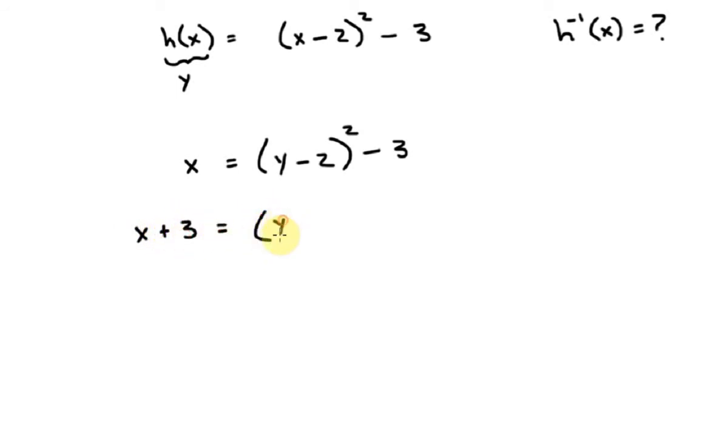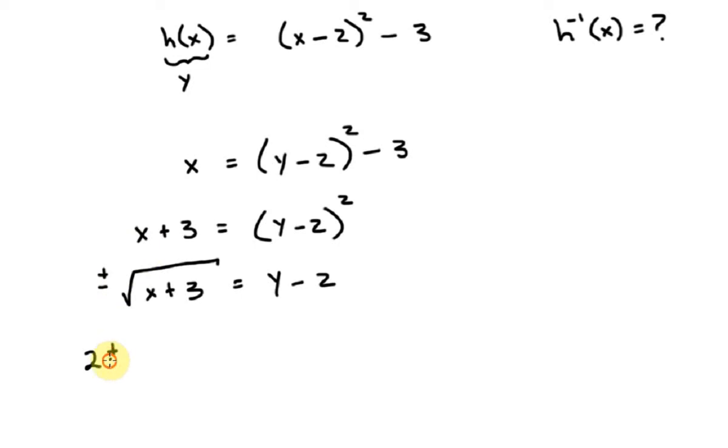Now I'm going to try to solve for y. So I'm going to have to take the square root to get rid of the squaring. Now remember, when you do that, this will actually become plus or minus. And then over here you have y minus 2. The squaring is gone. And then we're going to add the 2 over.